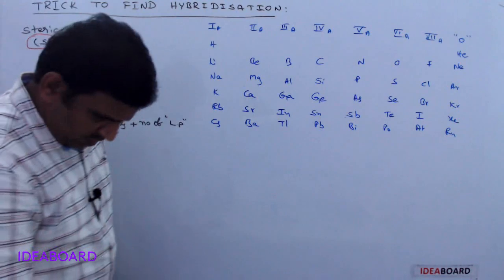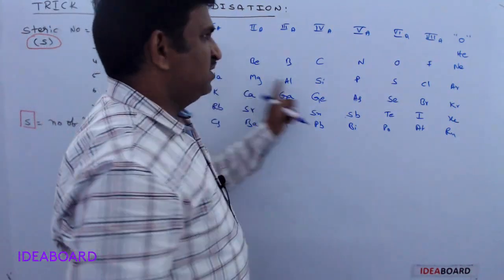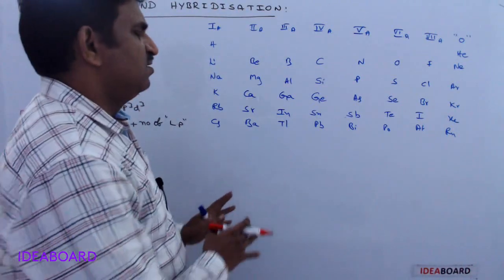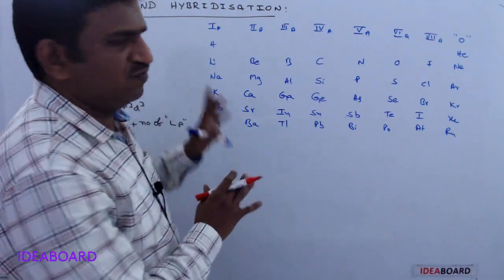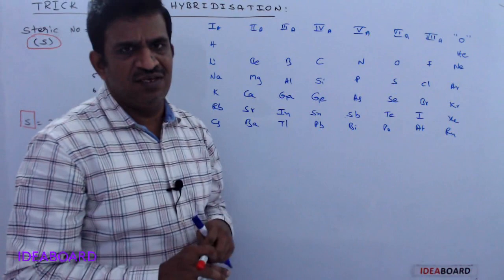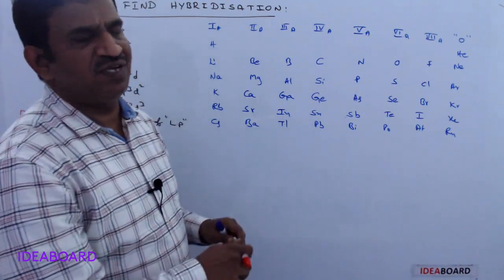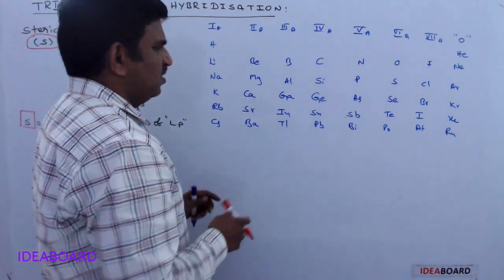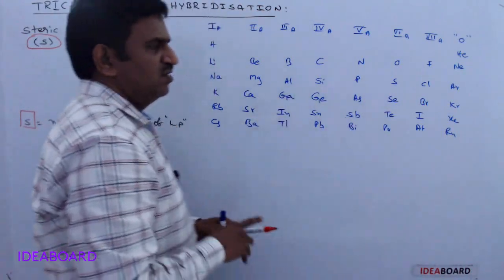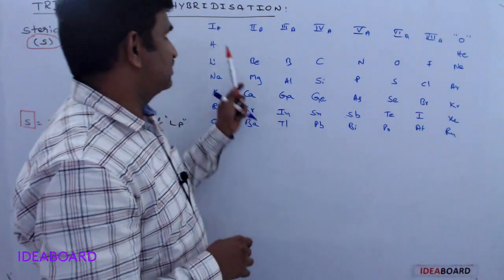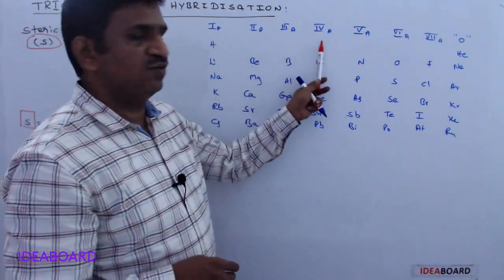We need to know which group the elements belong to. Mainly the first 3 or 4 periods are enough, because many molecules are obtained from the first 3 periods only. In first year we study the first group, second group, third group and fourth group elements.